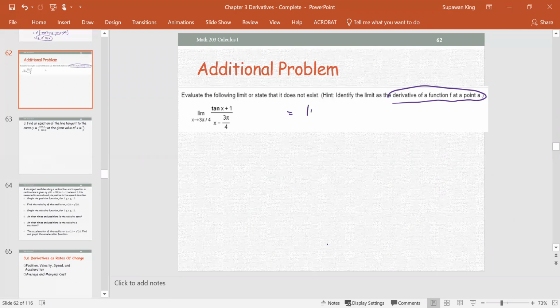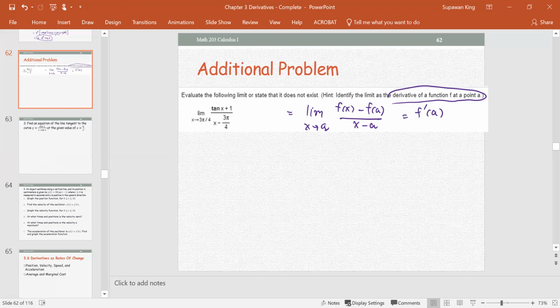This is the same pattern as the limit of the function f of x minus the function f at a divided by x minus a as x approaches a, the limit of the difference quotient, which is the same as the derivative at the point a.